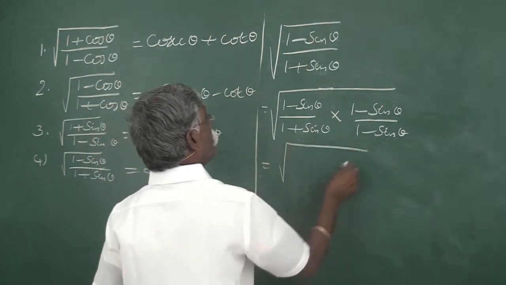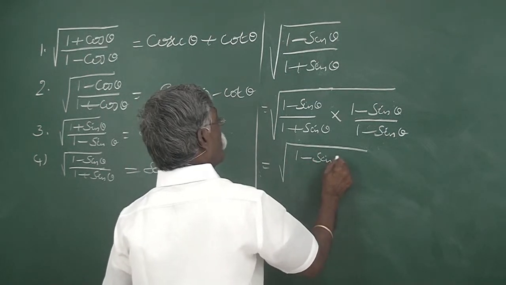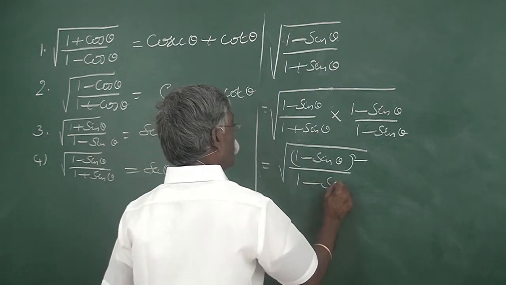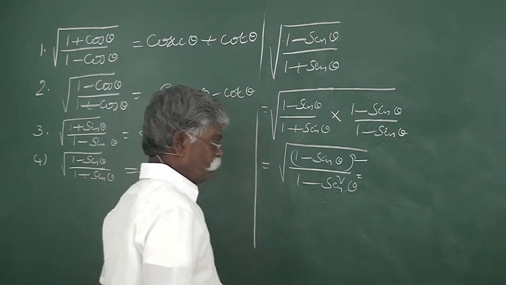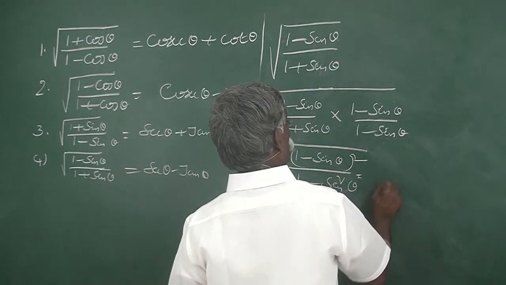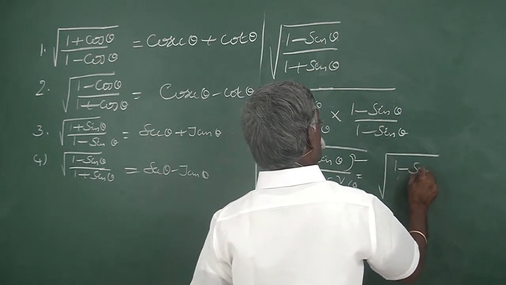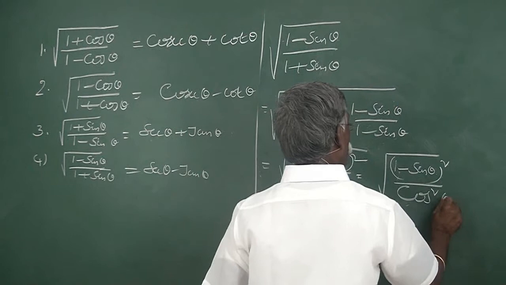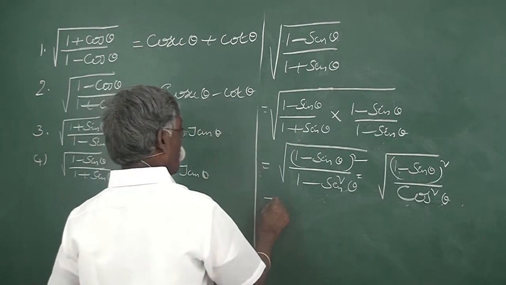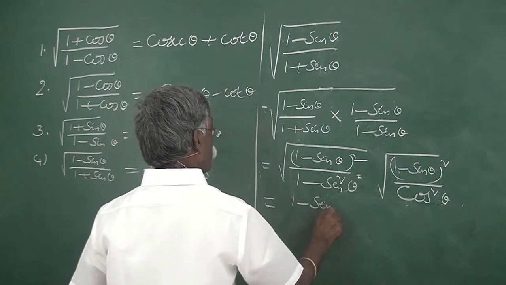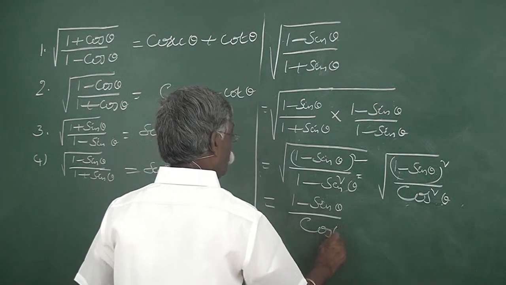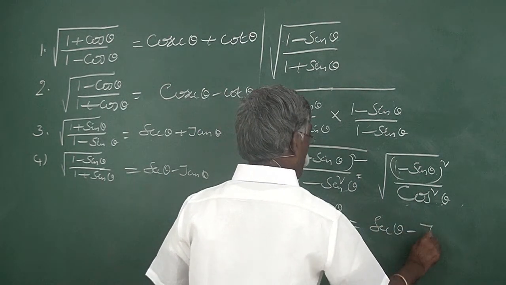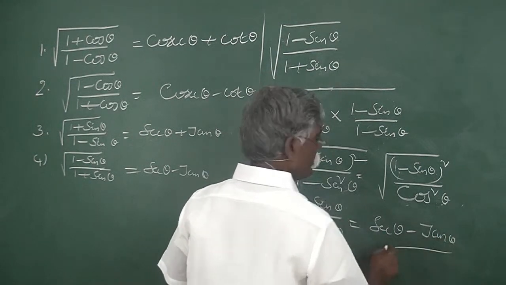Now the numerator becomes 1 minus sin theta whole square, by 1 minus sin square theta. Therefore, this is root of 1 minus sin theta whole square by cos square theta. So, if we take out the root, it is 1 minus sin theta by cos theta, and by splitting this, 1 by cos becomes secant theta minus sin by cos, which is tan theta.